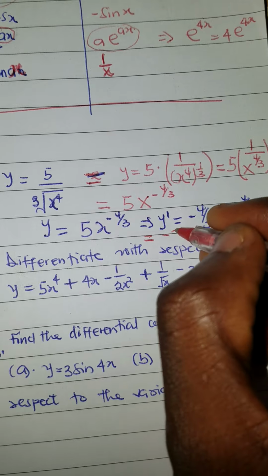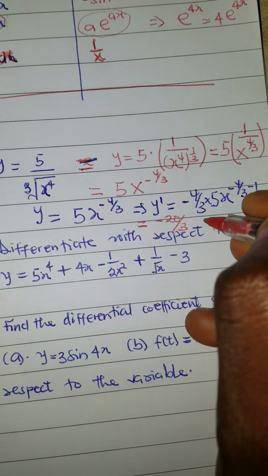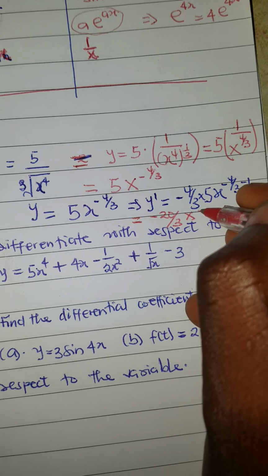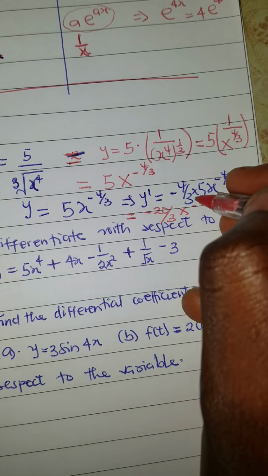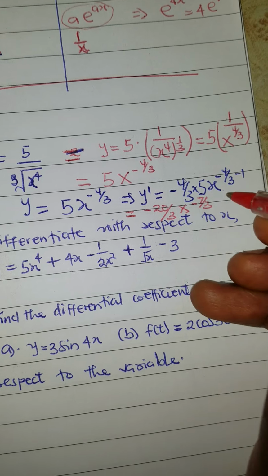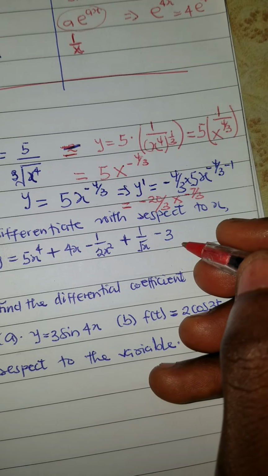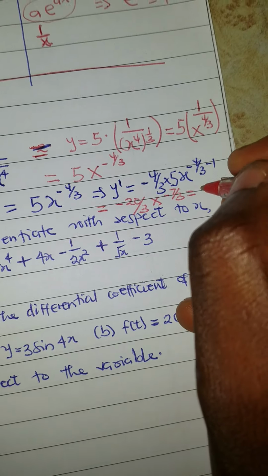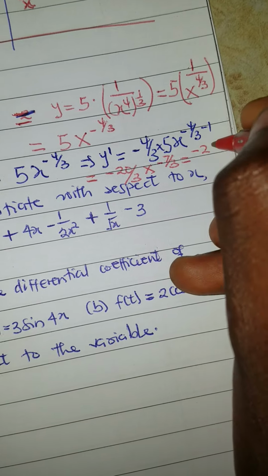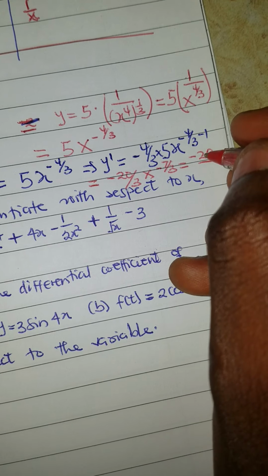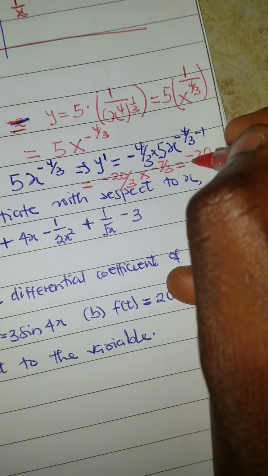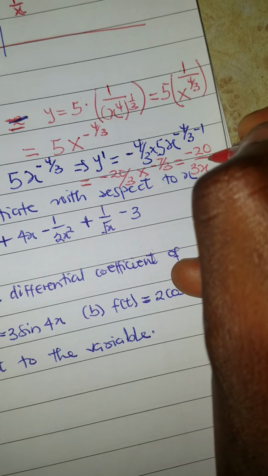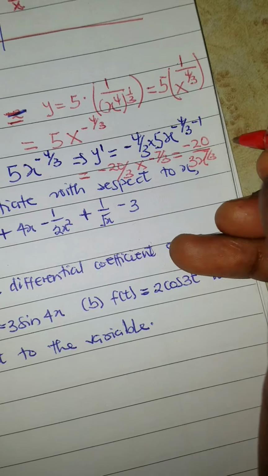minus 20 over 3 x raised to the power minus 7 over 3. When you continue to simplify this, you're going to get minus 20 over 3x raised to the power 7 over 3.